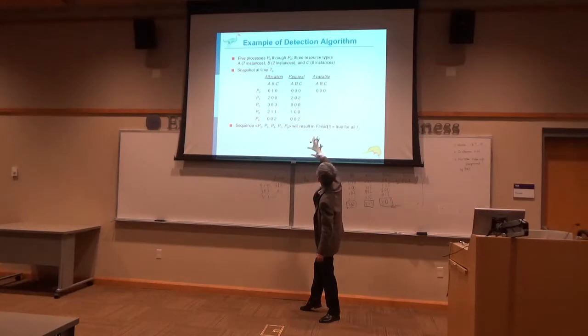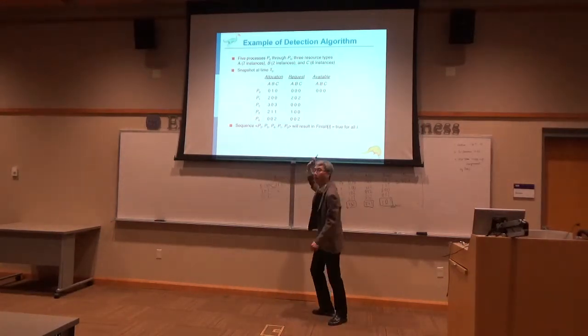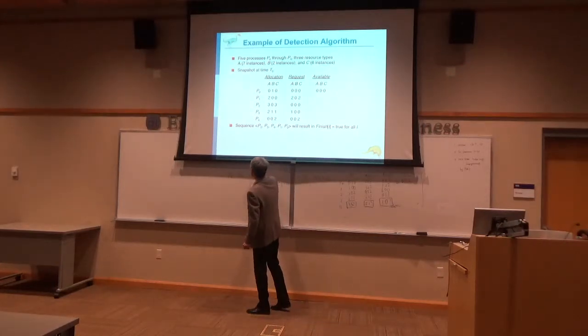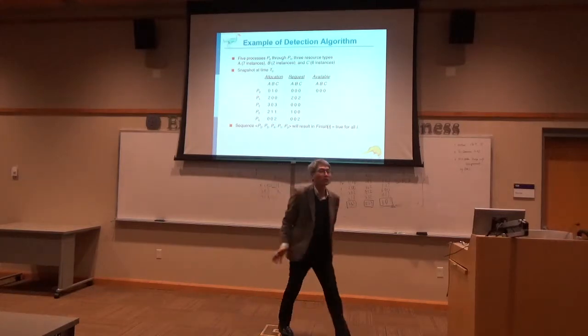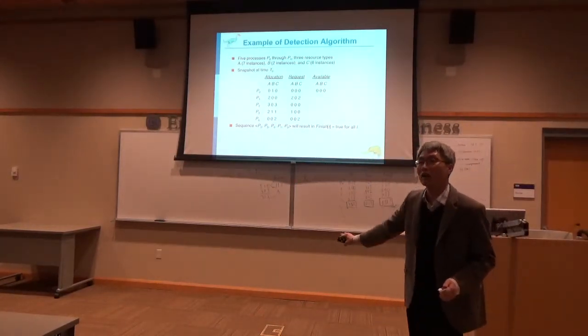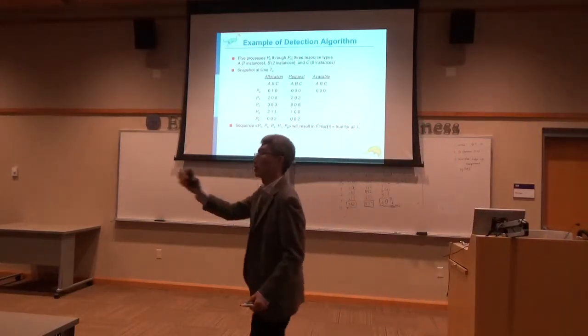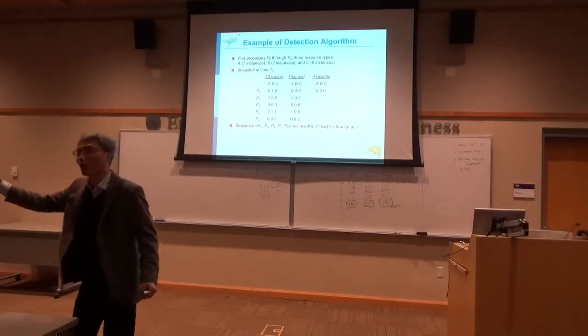The requests of P1, P3, P4 are each equal to or less than the available. So P1, P3, P4 will be terminated in this sequence. Which means what? There is no deadlock. Okay, it's a safe state. So the operating system can move forward to the next step.